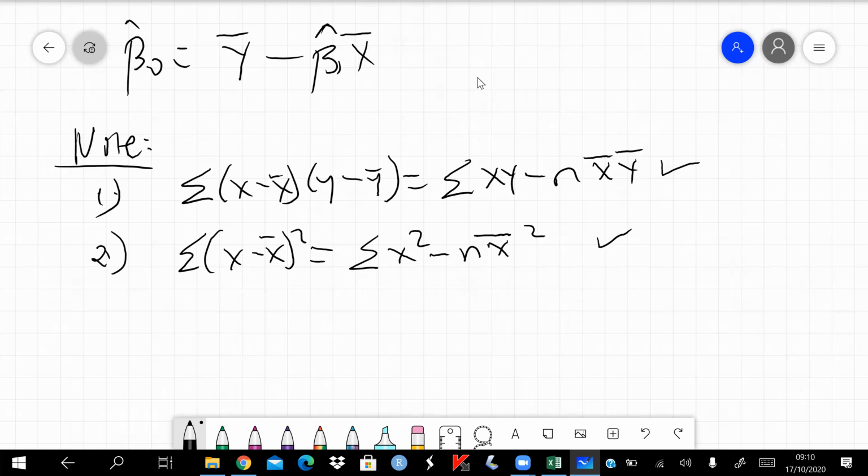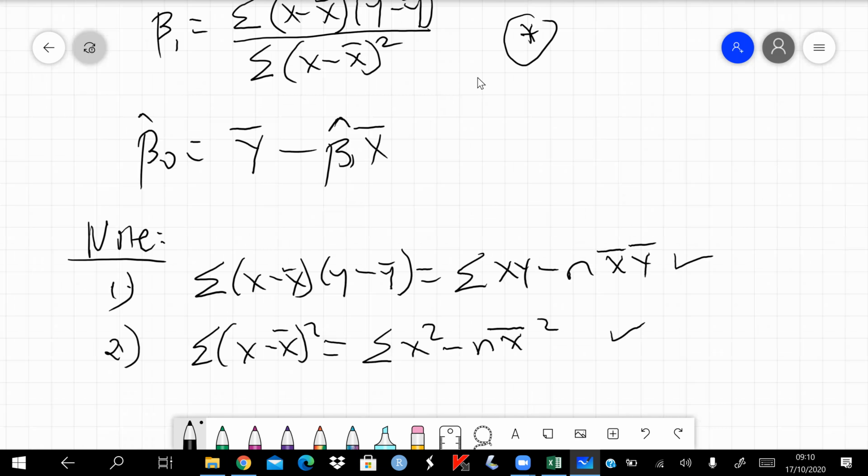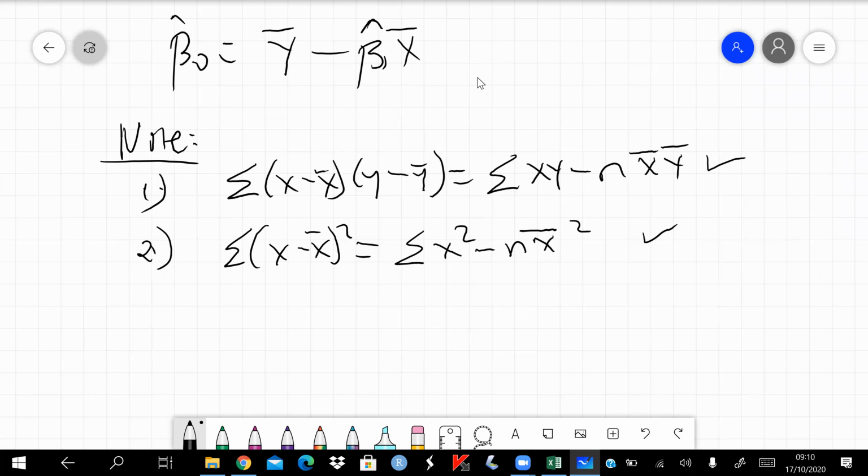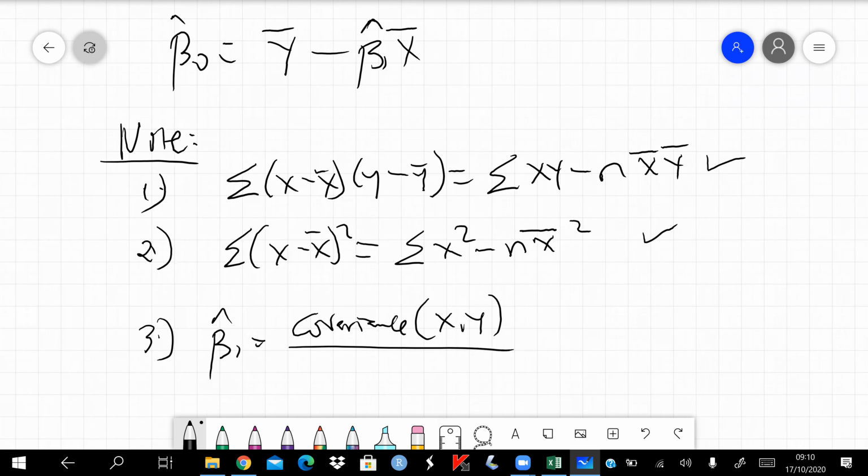Then the value of beta 1 can be expressed in terms of covariance and variance. We said that beta 1 estimate can also be rewritten as the covariance of x and y divided by the variance of x.